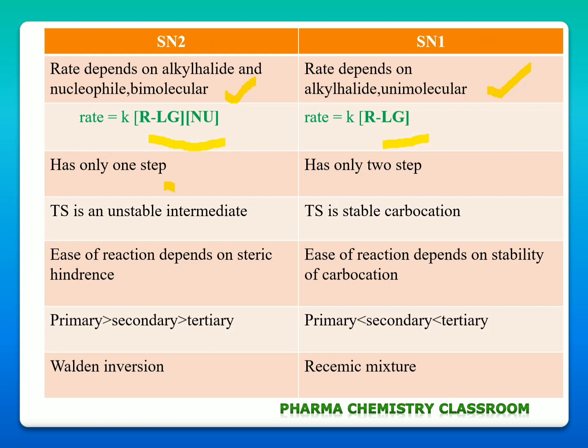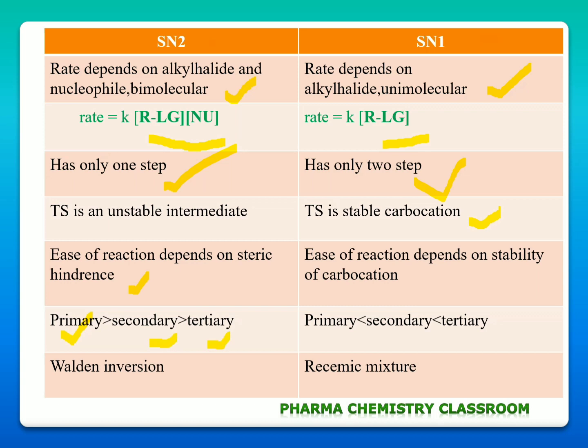SN2 has only one step, SN1 has a two-step reaction. The transition state is an unstable intermediate in SN2 reaction, and in SN1 reaction they are carbocations and they are stable, because tertiary alkyl halides undergo SN1 reaction easily. In SN2, ease of reaction depends on steric hindrance. That is why the primary alkyl halide, which has the least steric hindrance, follows SN2 reaction when compared to secondary and tertiary.